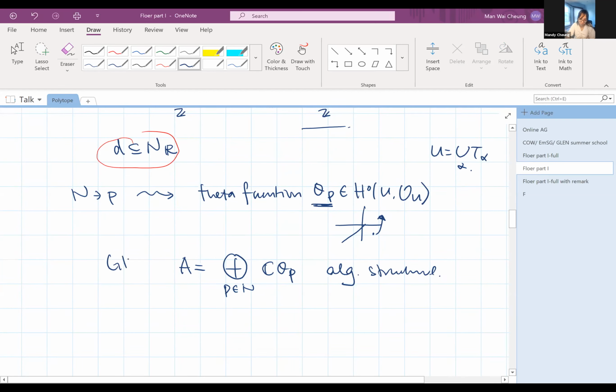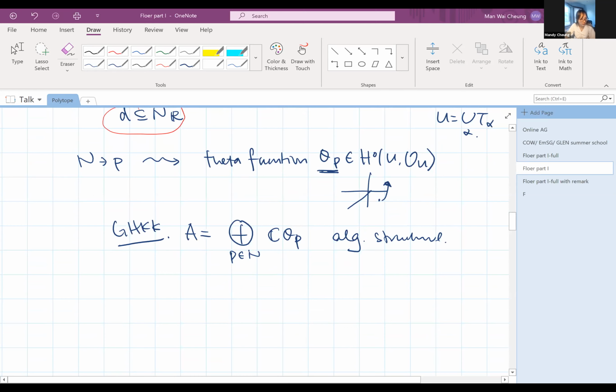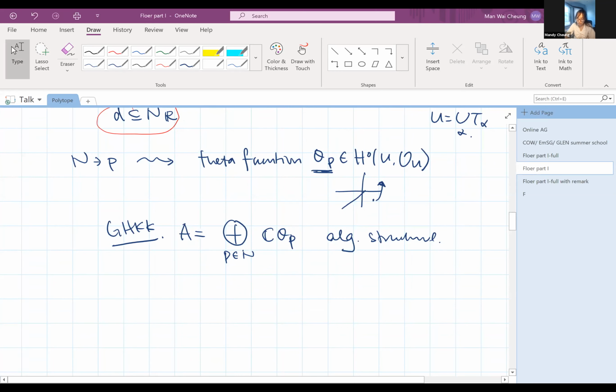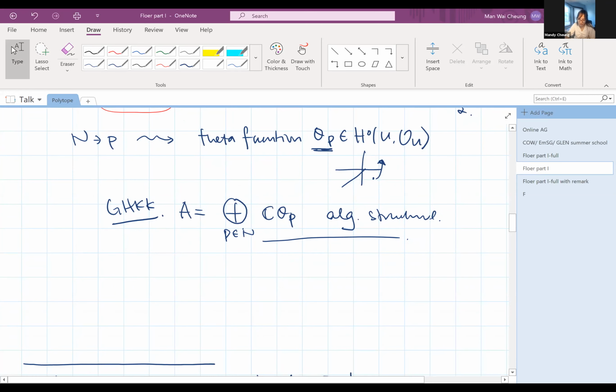This is the GHKK result. If you are in the cluster world, that is the middle cluster algebra. But if you don't care about clusters, this is simply the algebra that gives the global functions of the cluster variety.